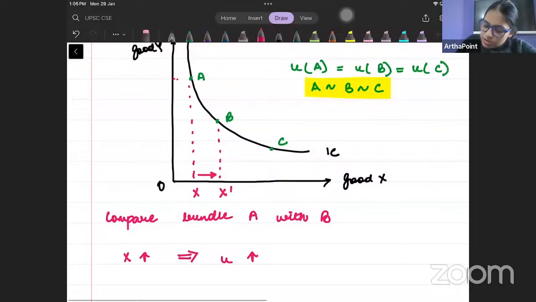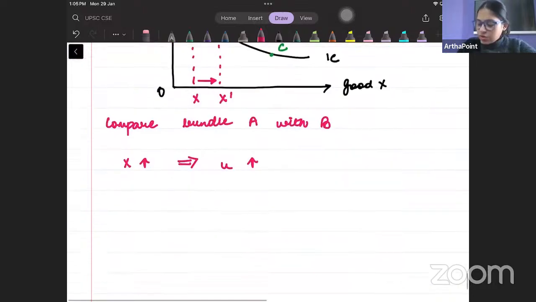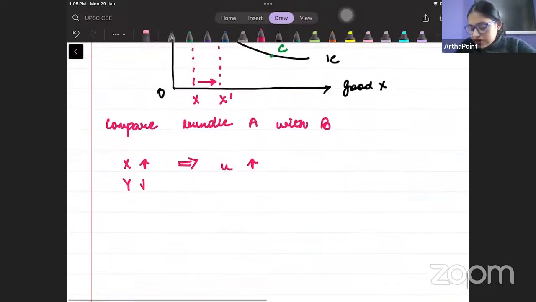Now see here that when I go from A to B, the amount of good Y is decreasing. When I take something from you, when I decrease your consumption, your utility will decrease.